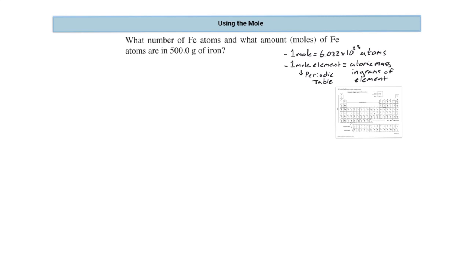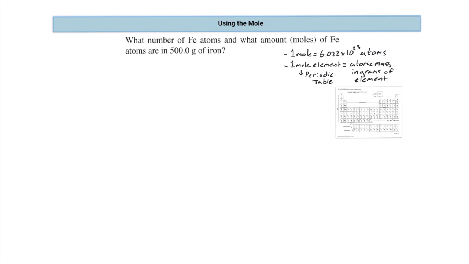Of course, you can't memorize all the numbers on the periodic table, but what I mean is you need to memorize that 1 mole of an element equals the atomic mass of that element in grams. But you do need to memorize the number 6.022 times 10 to the 23rd. You need to understand the concept so that when you approach these problems, you can use these conversion factors appropriately.